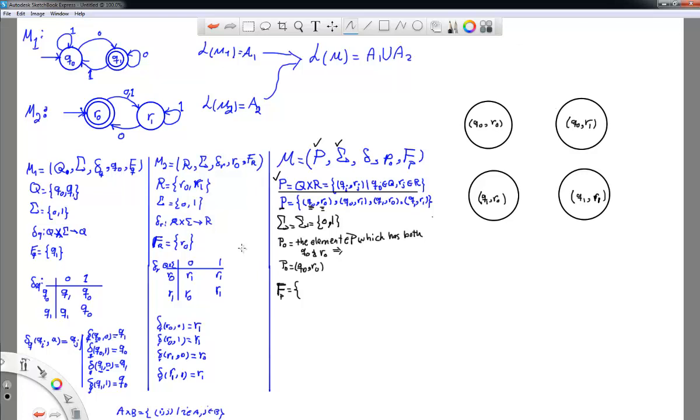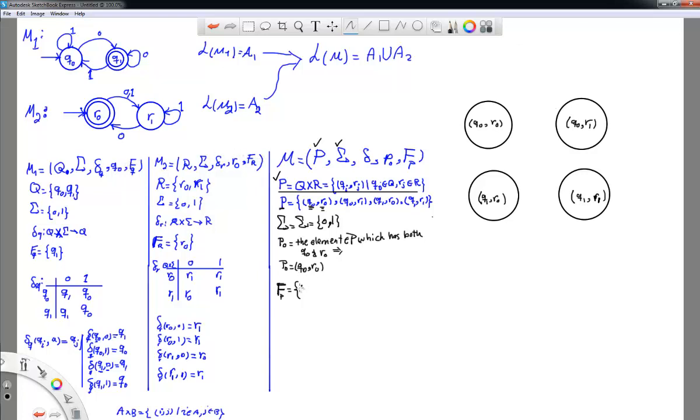So it must accept the union of the original languages, which means that it must accept if either one of these two accepted, so it should be in a state where either one of the two is in an accept state.